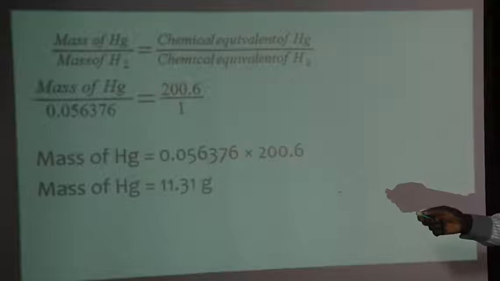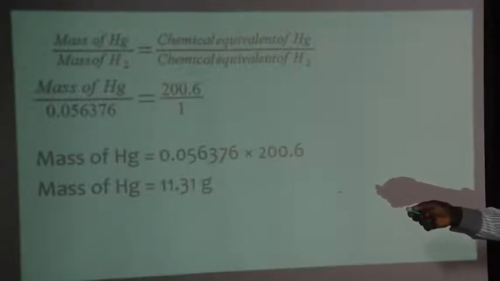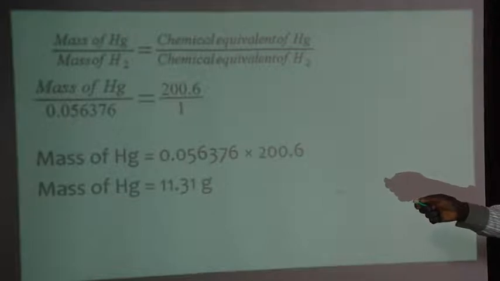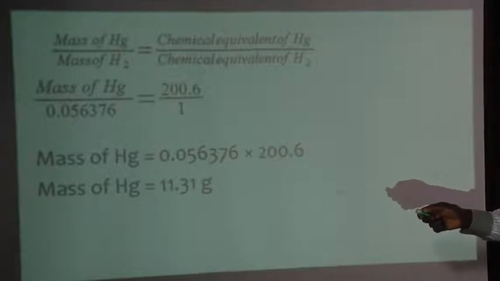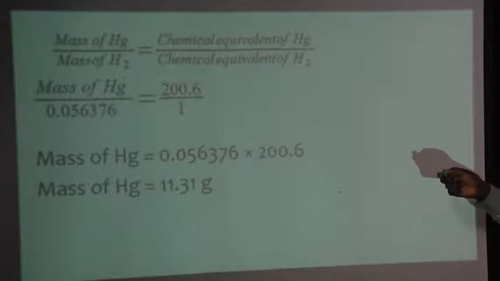Mercury has the symbol capital H and small g. Then our hydrogen molecule, H2. So we have mass of mercury, Hg, over mass of hydrogen, H2, equal to the chemical equivalent of mercury, Hg, over chemical equivalent of hydrogen, H2.